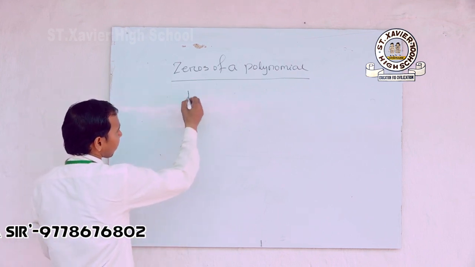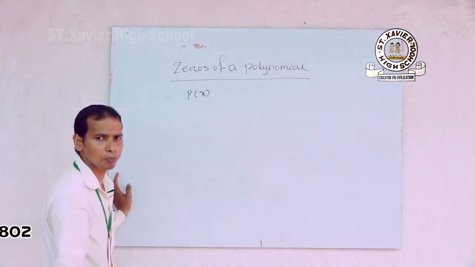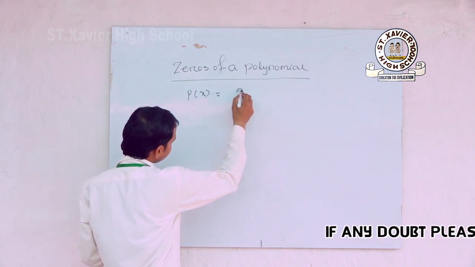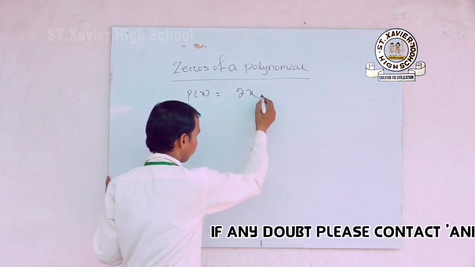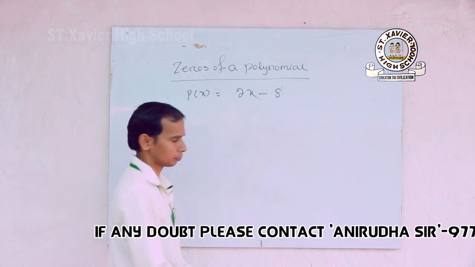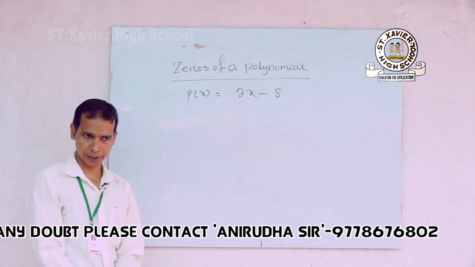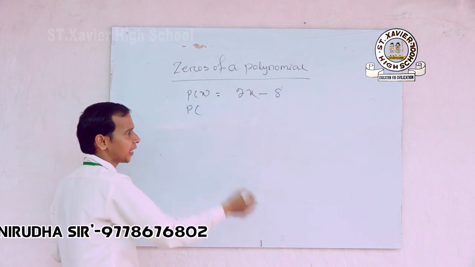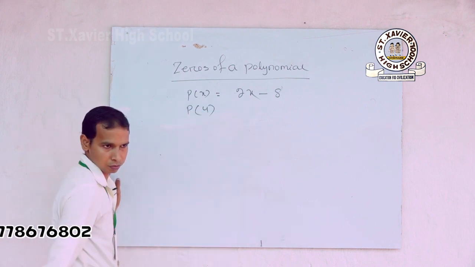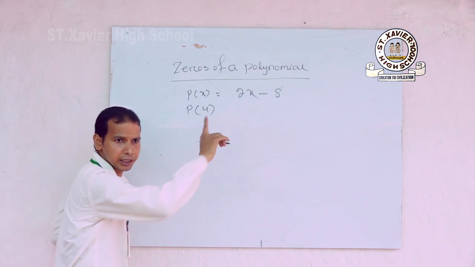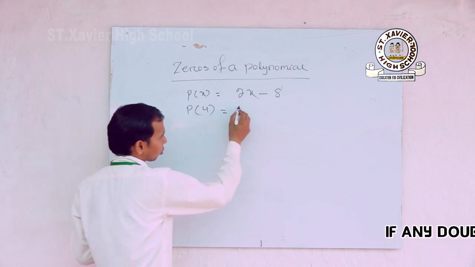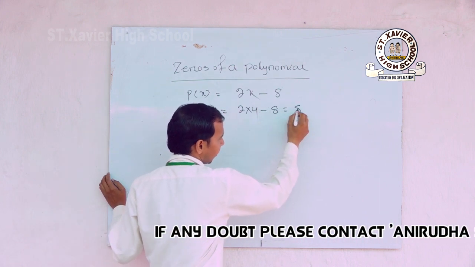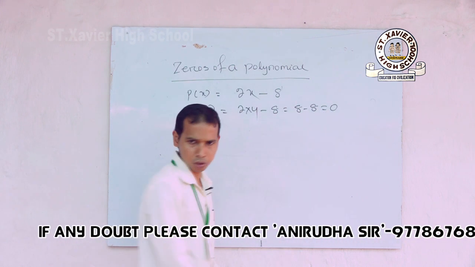Suppose p of x denotes a polynomial with variable x. P of x equal to 2x minus 8. If we take x as 4, in place of x you put 4. So 2 into 4 minus 8, now 8 minus 8 equal to 0.